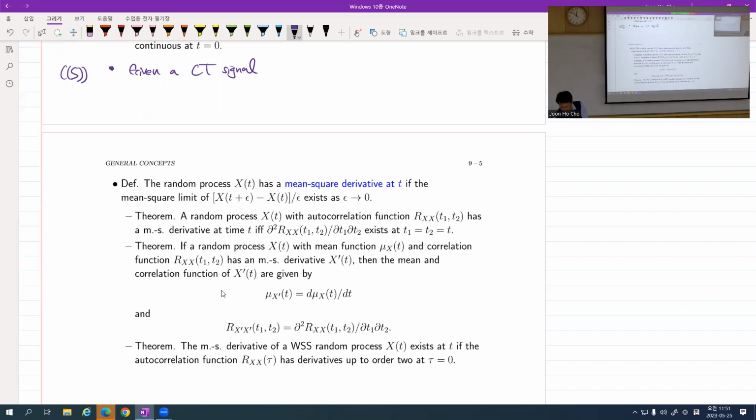So given a continuous time signal x(t), what do we mean by x dot(t), which is the notation by Isaac Newton? What is d/dt of x(t), the notation by Leibniz? So what is the definition?